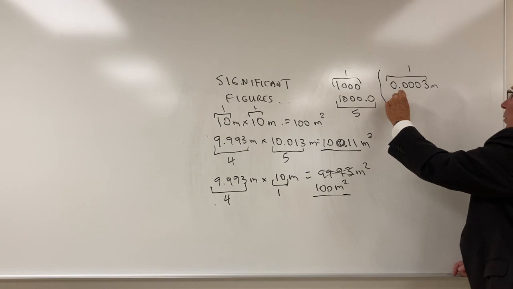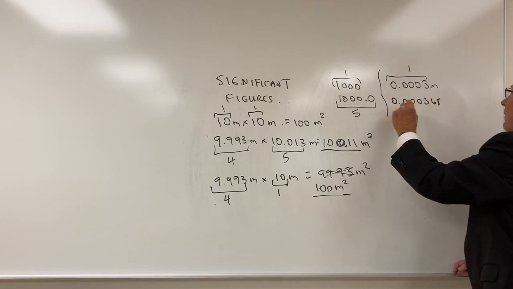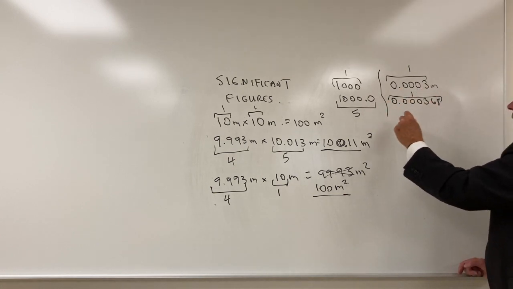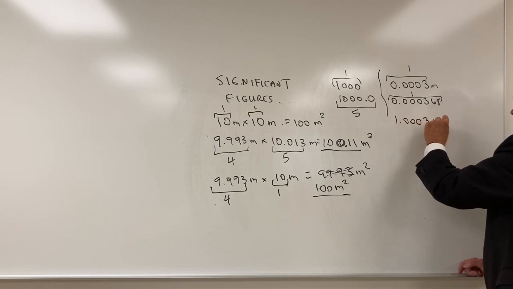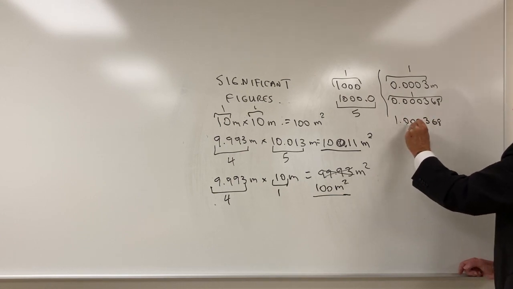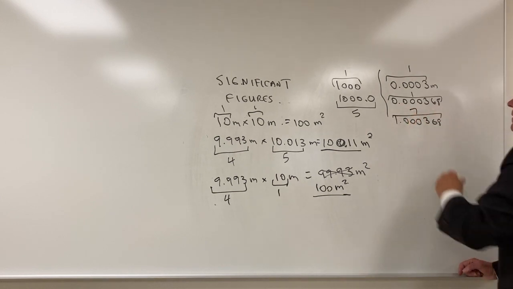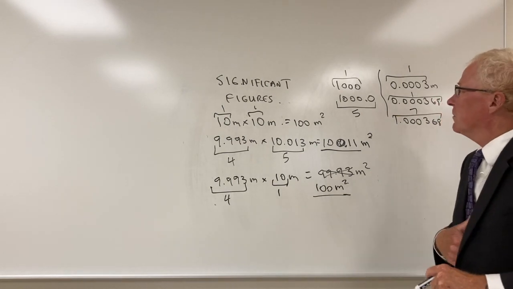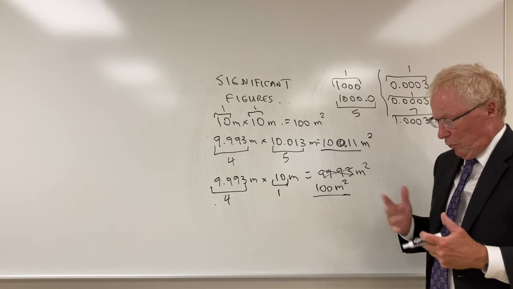But if I have 0.000365, this is three. And if I actually had a 1 in front, 1.0, which is a different number, this would be seven significant figures. So that's how significant figures come about, and that's how we're going to be using them for the rest of this course.